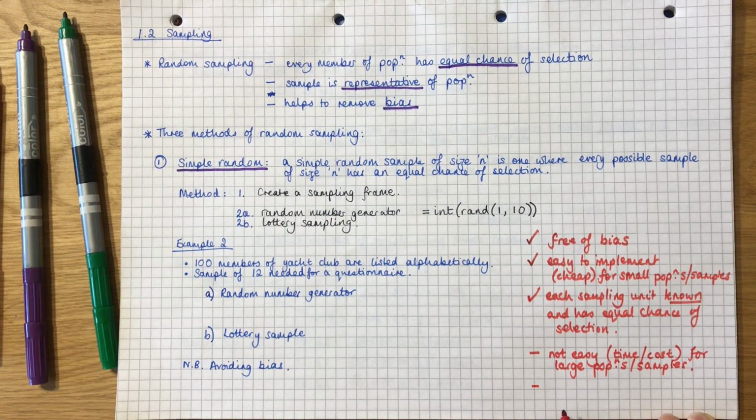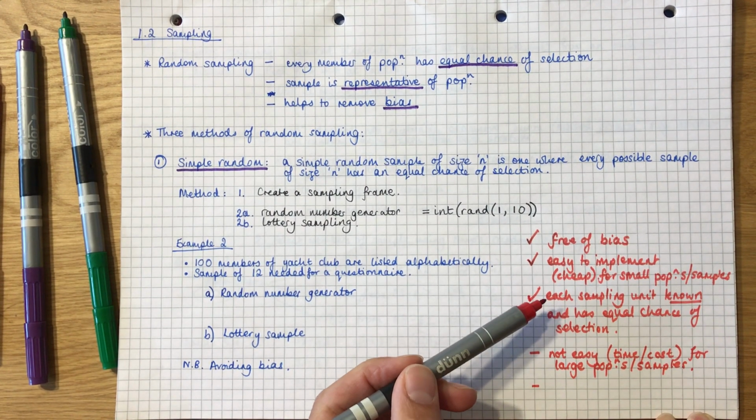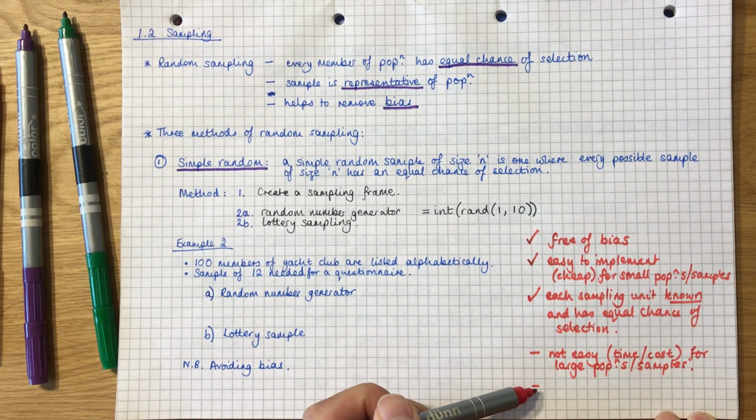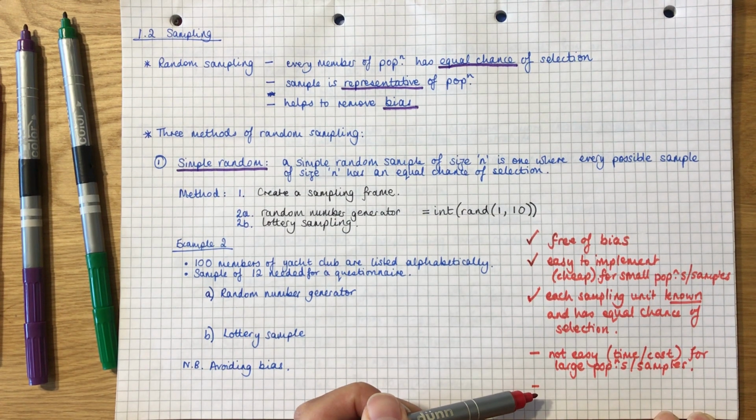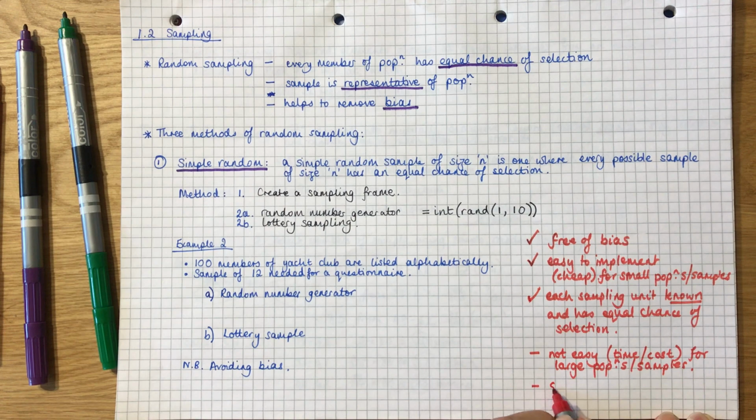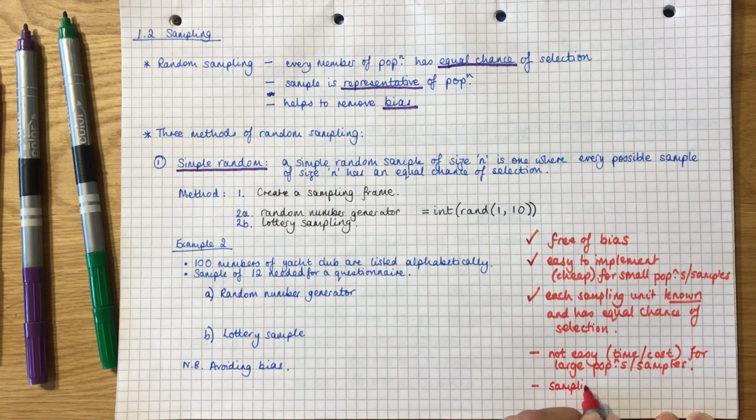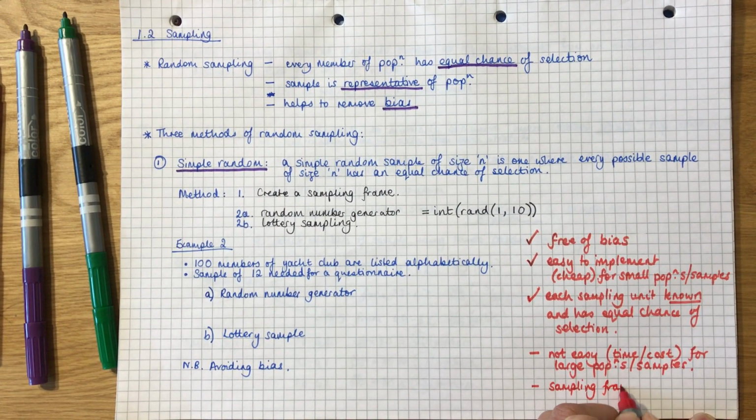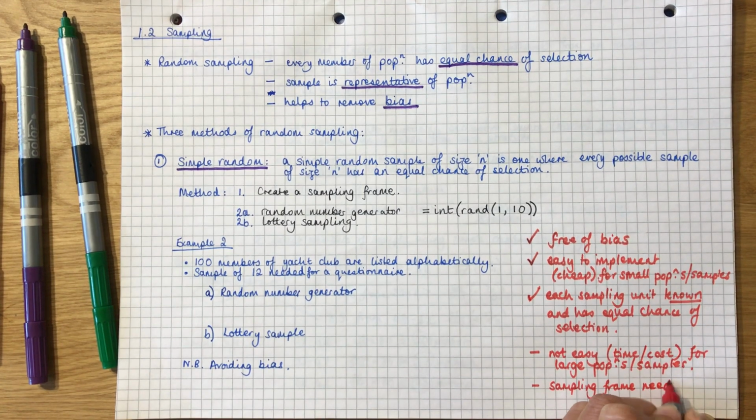And the fact that you need a sampling frame, although it's good because you know every member, it's also in itself time consuming and takes up some effort. So it can be a disadvantage, the fact that you need a sampling frame.